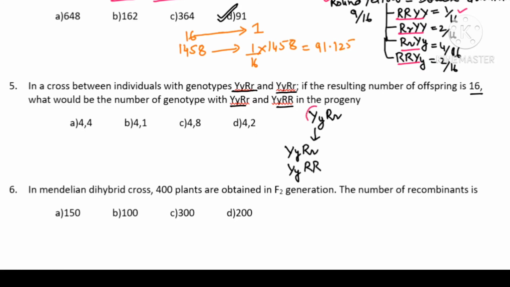If we check only this and check only this, isn't it F1 going for selfing? Then how many will you get? You will get 2 out of 4. Now see this one. If you see only this, isn't it again F1 going for selfing? Then how many will you get? Again 2 by 4. So you are getting a total of 4 by 16. Apply the same here also. This is going for selfing, so what will be this probability? It is again coming 2 by 4.